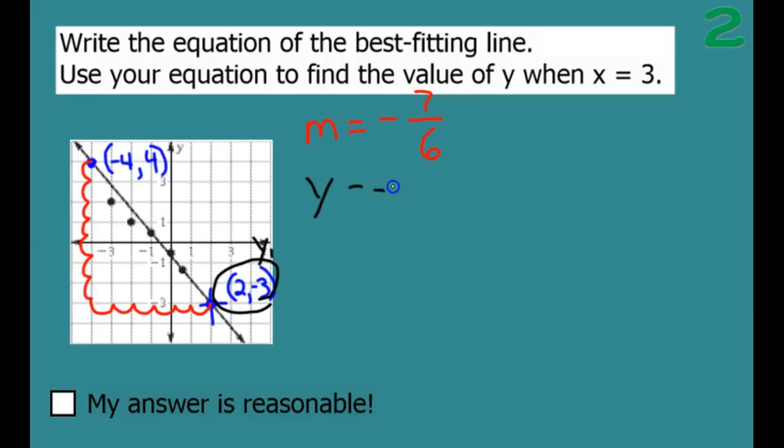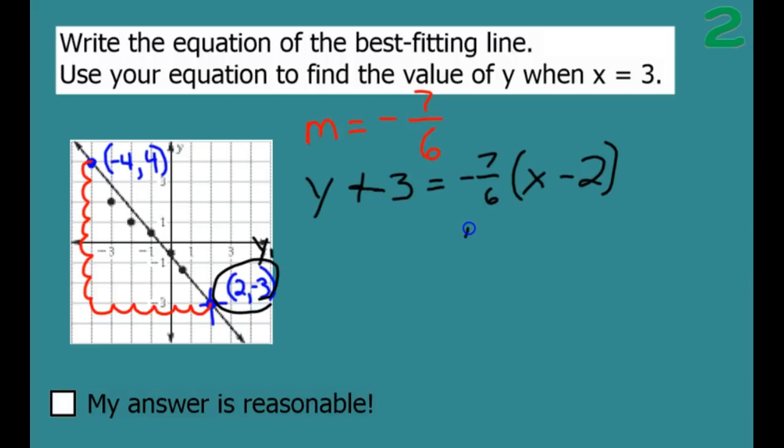So y minus negative 3 equals our slope, negative 7/6, times x minus x1, which was 2. Now over here we have two negatives in a row, so we can make those positive. So our point slope equation is y plus 3 equals negative 7/6 times x minus 2.